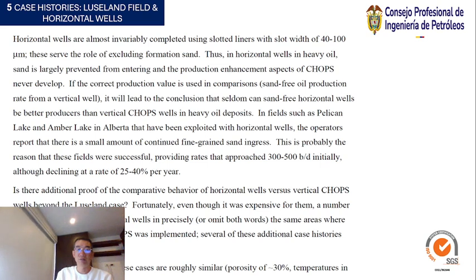Is there additional proof of the comparative behavior of horizontal wells, whereas vertical CHOPS wells were beyond the Luseland case?